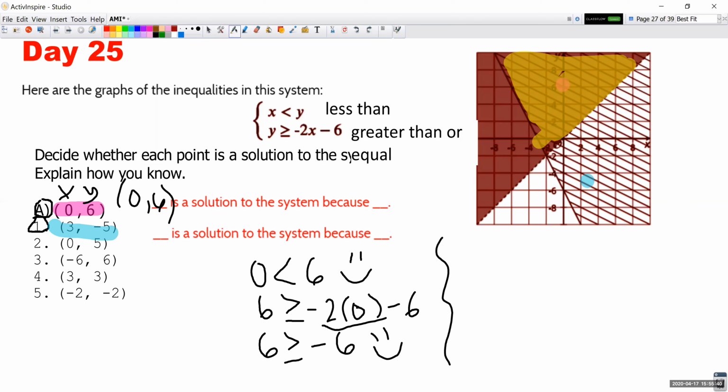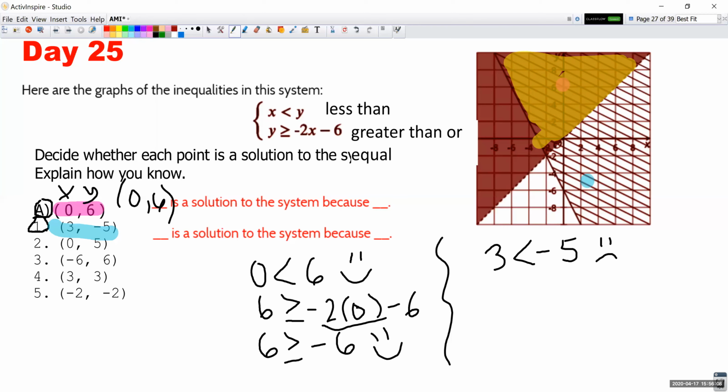So I'm going to substitute 3 and negative 5 in my inequalities. So this one says 3 is less than negative 5. And is that true? Is a positive less than a negative? It is not. So I'm going to put a sad face. It's false. So if the first inequality is false, then it's not going to work.